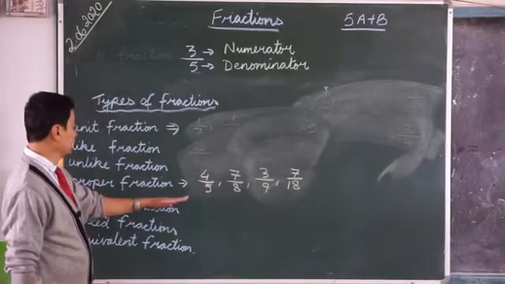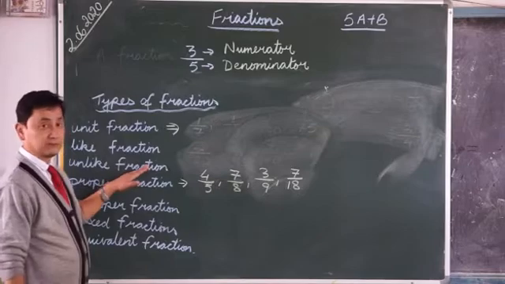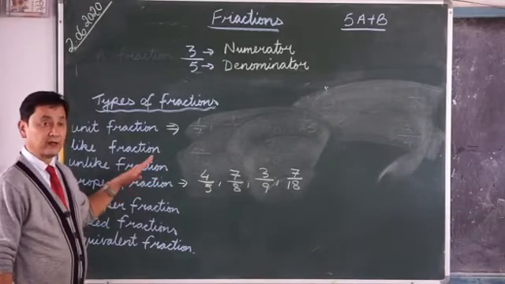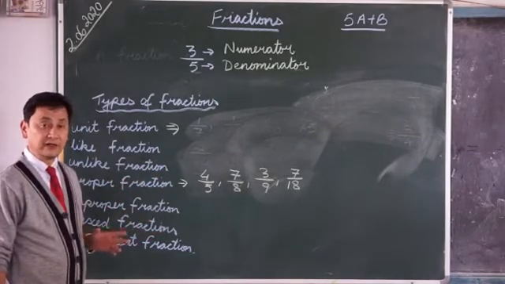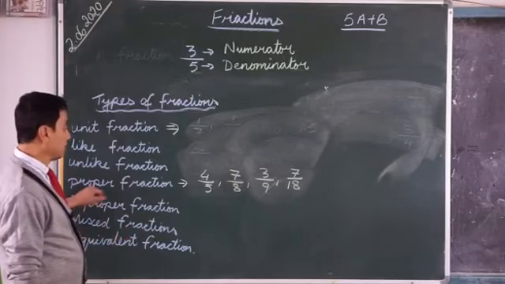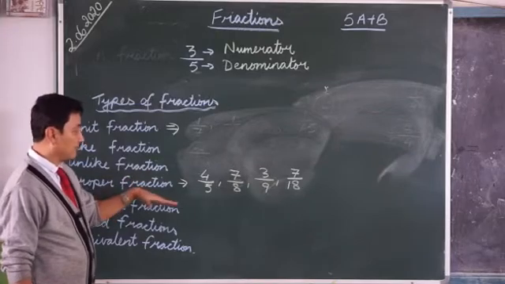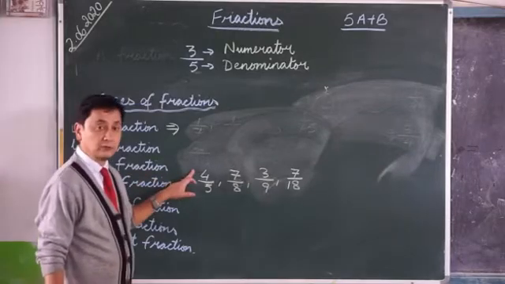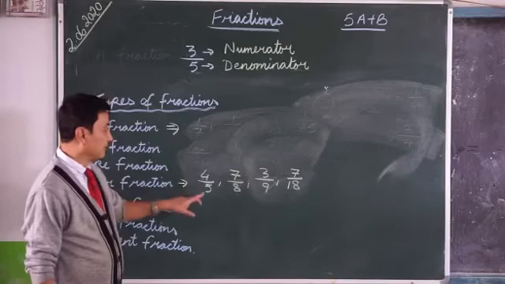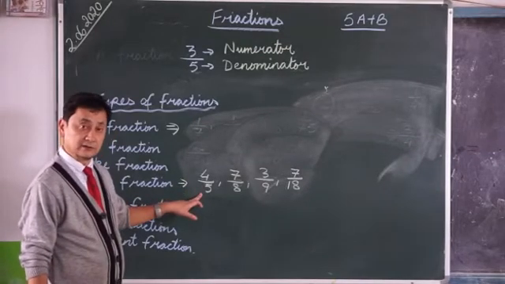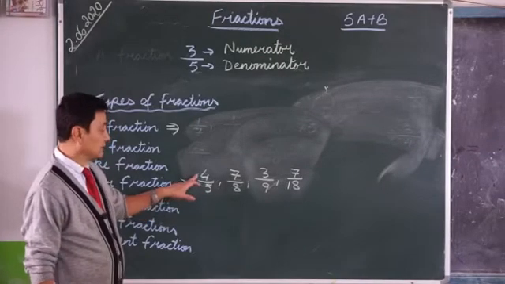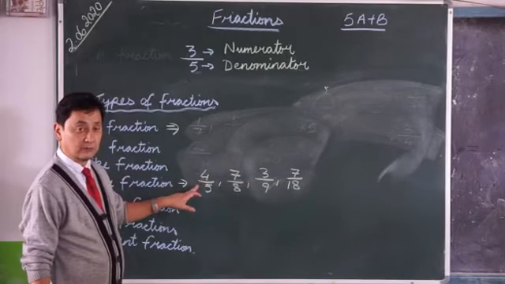Here you found just like unlike fraction, but there I was showing you that unlike fractions have different denominators. In proper fraction, now we've come to a different section, okay? In proper fraction, the numerator will be smaller than the denominator. Is that clear? Numerator will be smaller than the denominator.